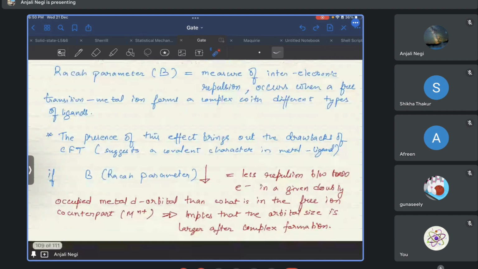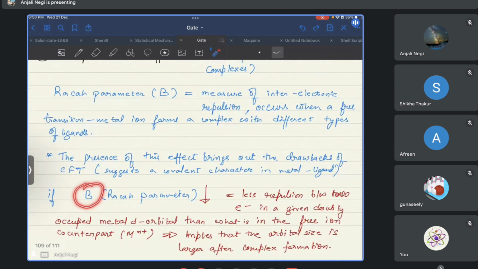If B, my Racah parameter, gets reduced when a free ion forms some complex, it simply means that there is less repulsion between two electrons in a doubly occupied metal d orbital than what it was in the free ion.